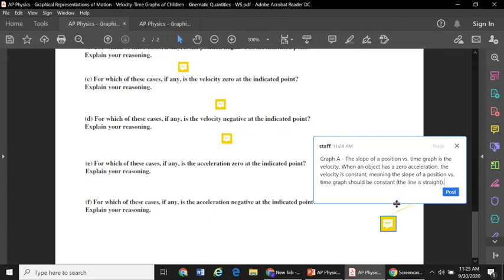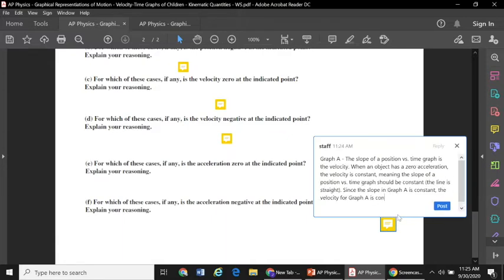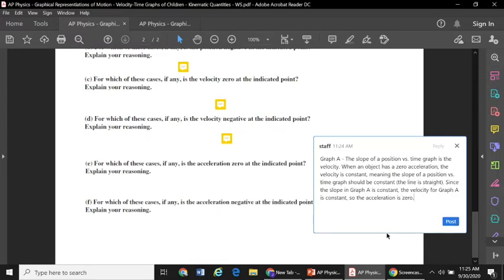And so just to fully tie this in, since the slope in graph A is constant, the velocity for graph A is constant. So the acceleration is 0. And that's it. That one's pretty straightforward.